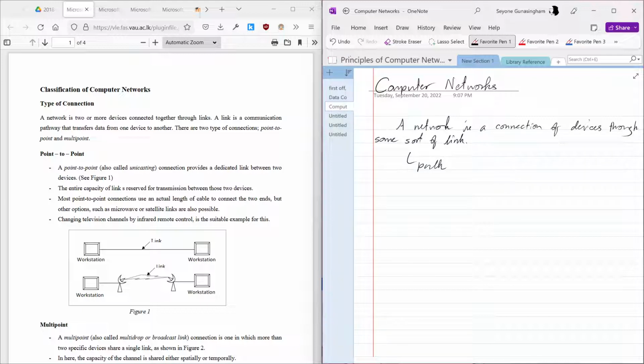The pathway the data takes is the link, right? Good.